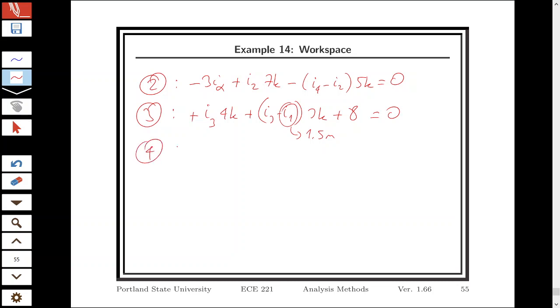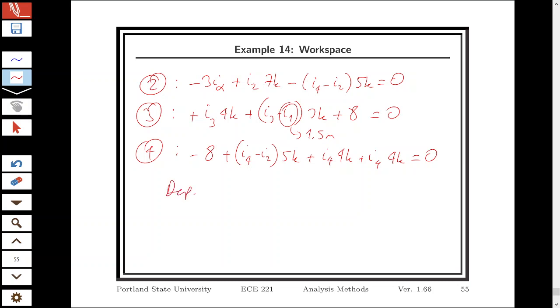In the fourth mesh, we have minus 8 plus I4 minus I2 times 5K plus I4 times 4K plus I4 times 4K equals 0. Okay.